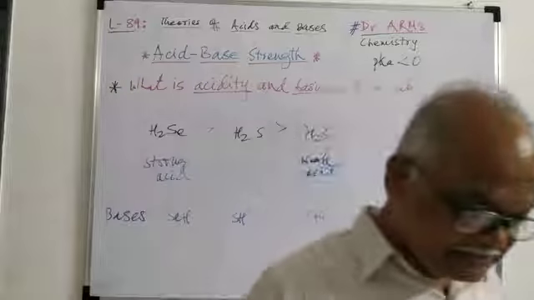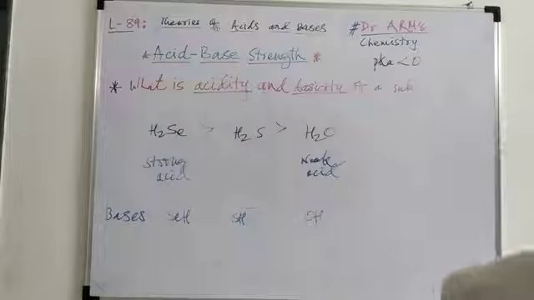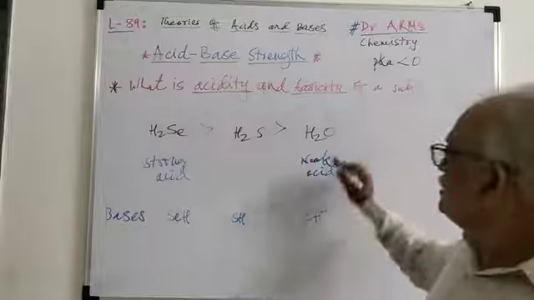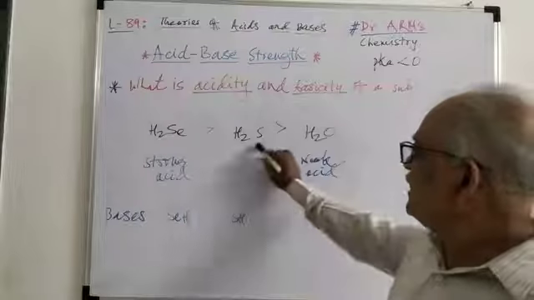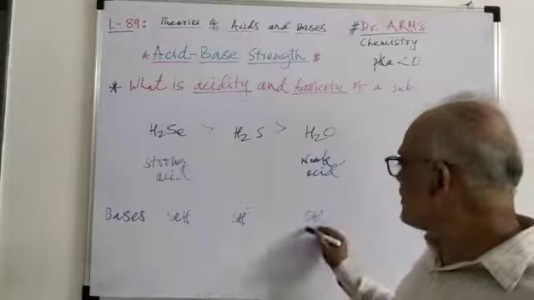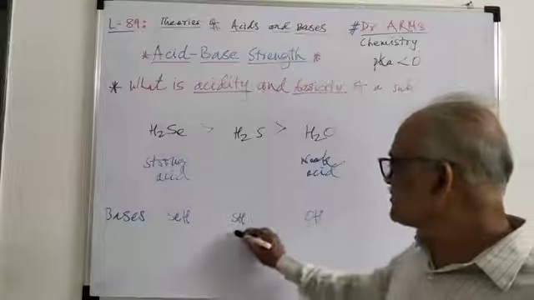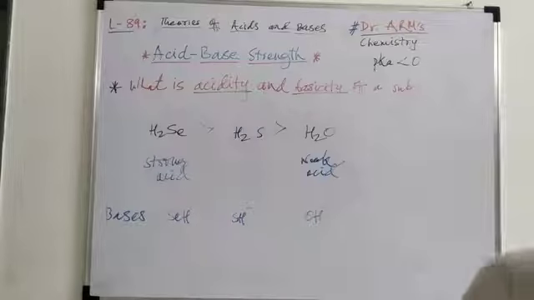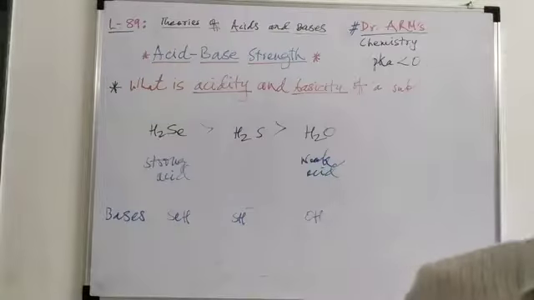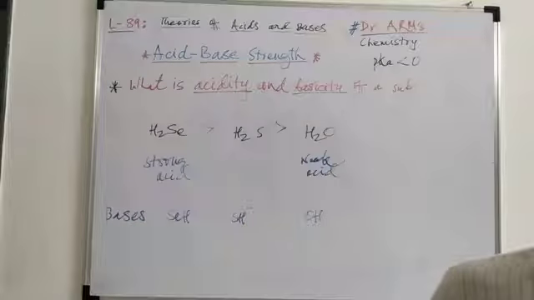So in this case, H2O is relatively a weaker acid. OH minus is a stronger base, SH minus is a relatively weaker base, and SeH minus is the weakest base, we can say.